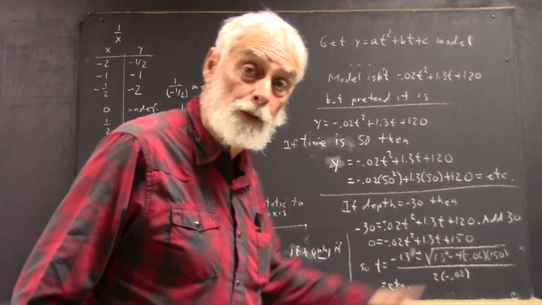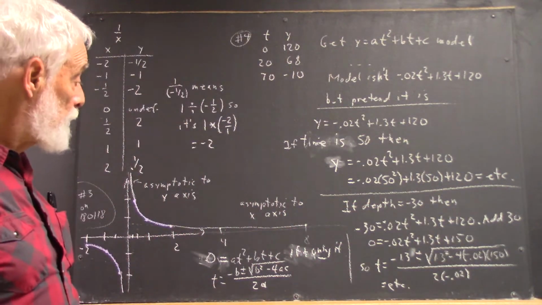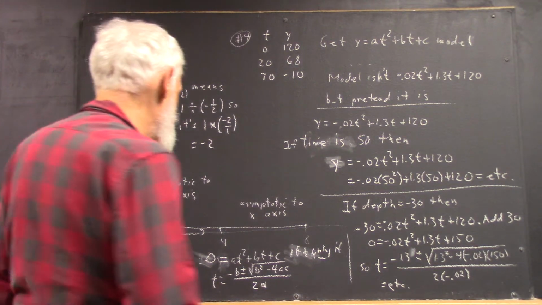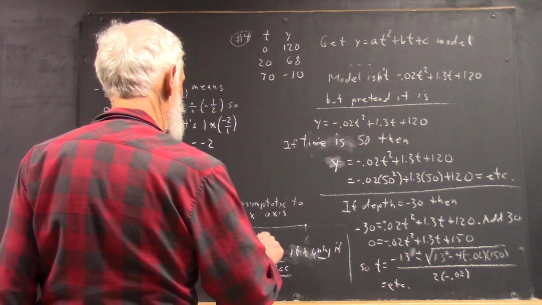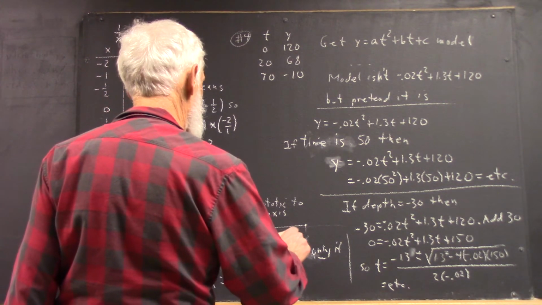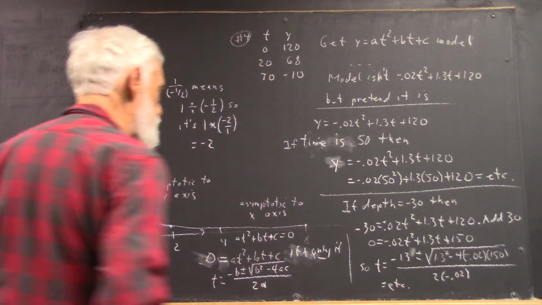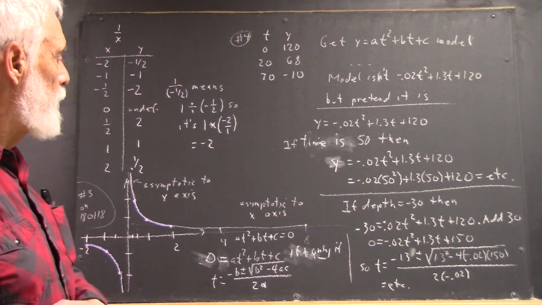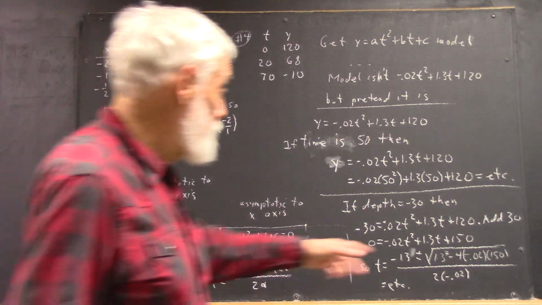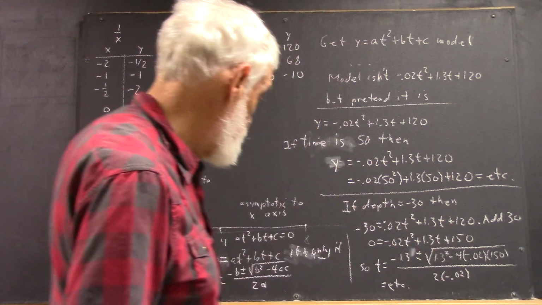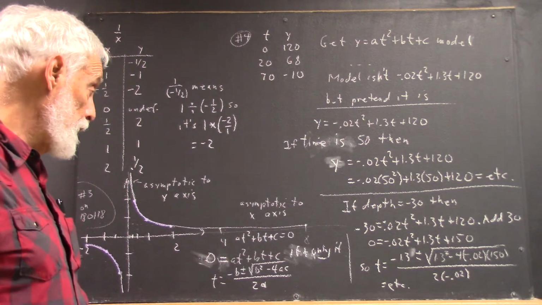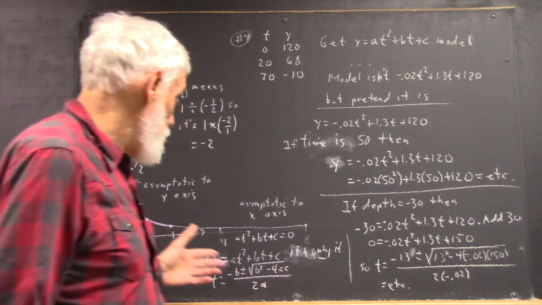This is a quadratic equation. It isn't in the standard form of a quadratic, which would be at squared plus bt plus c equals 0. But it can be easily put into that form. We just add 30 to both sides and we get this. And that's very straightforward. You should understand that. If not, you can ask.